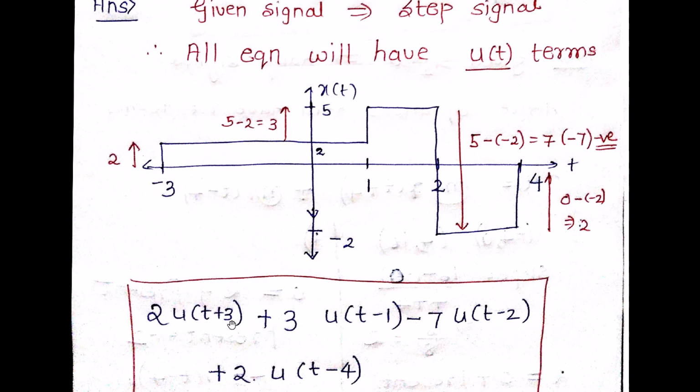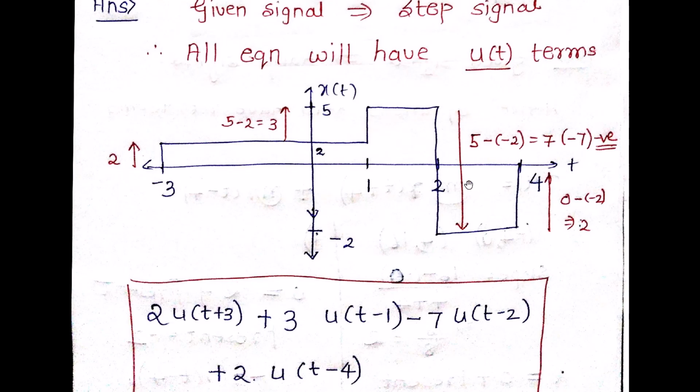So at u of t plus 3 you will see that there is a positive increase in value, plus 2. At u of t minus 1 there is a positive increase in value, that is 5 minus 2, which is plus 3. At u of t minus 2 you will find that from plus 5 to minus 2 it is 5 minus of minus 2, that is 7.